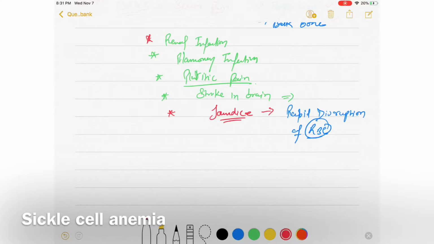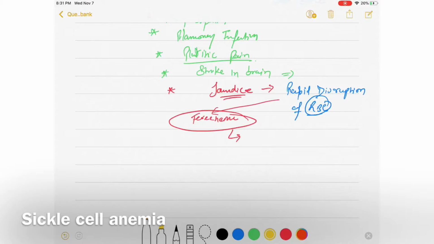Because of this rapid disruption, free heme is produced, and this free heme forms unconjugated bilirubin, which causes jaundice.